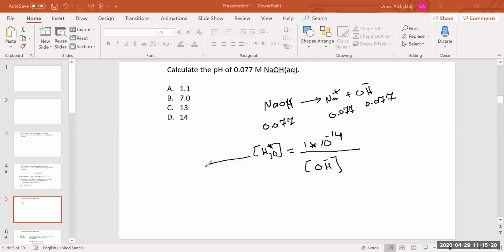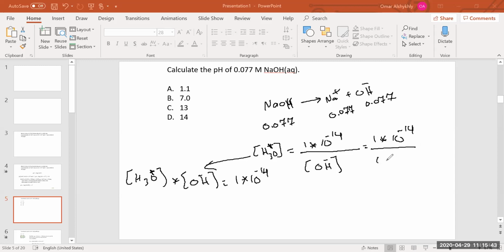Don't forget this, I get it from this equation: H3O positive times the OH negative gives me 1 times 10 to negative 14. So here, I will do this equation: 1 times 10 to negative 14 divided by 0.077, and I will get the concentration of H positive.